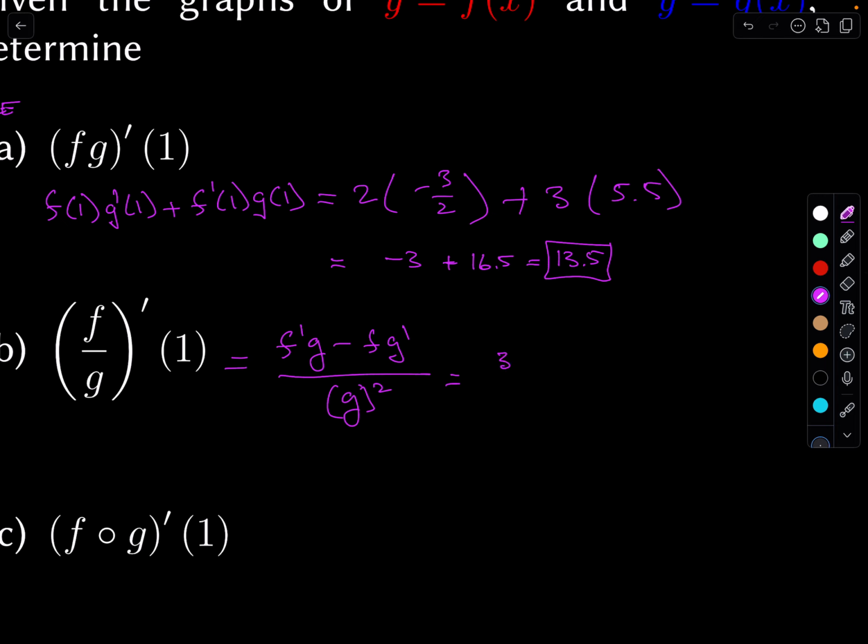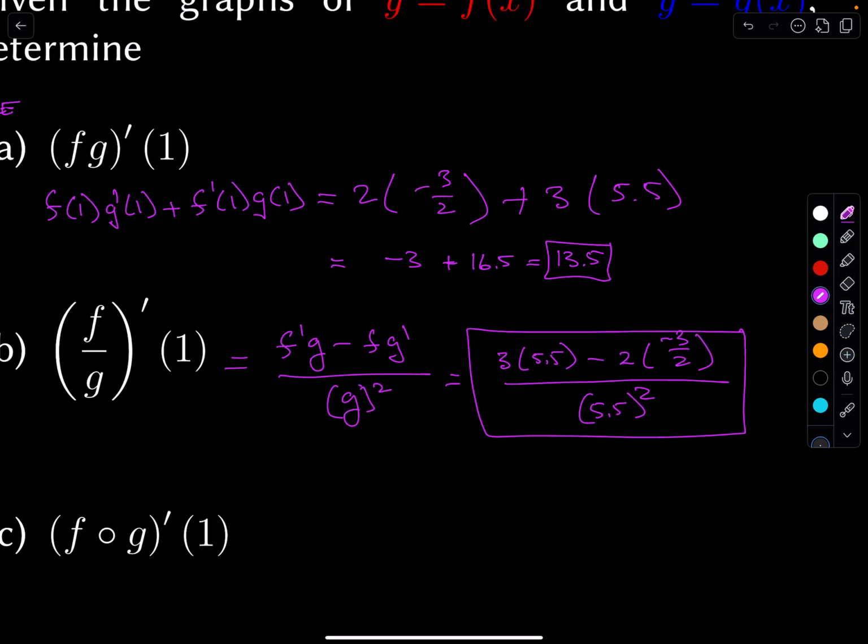So it'll be 3 times 5.5 minus 2 times negative 3/2 all over g of 1 squared. g of 1 is 5.5. Box it up. Be done.